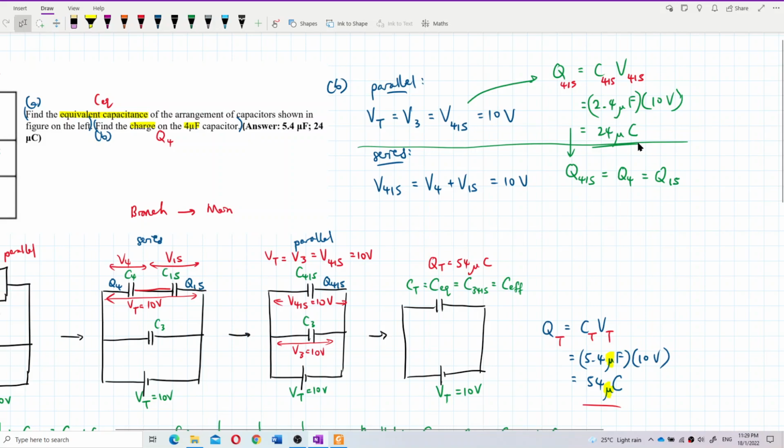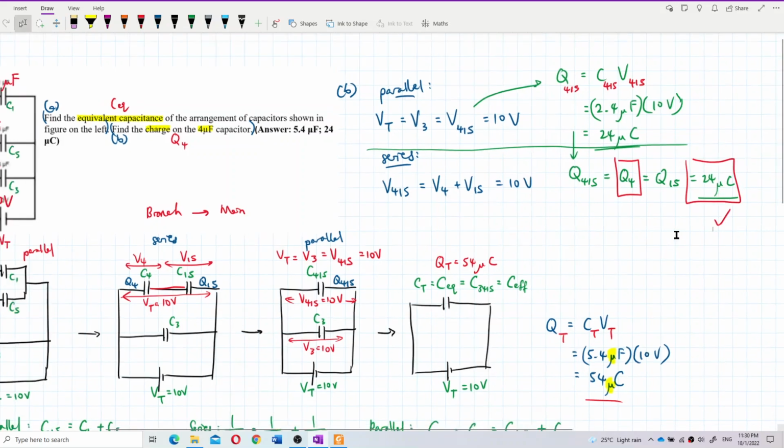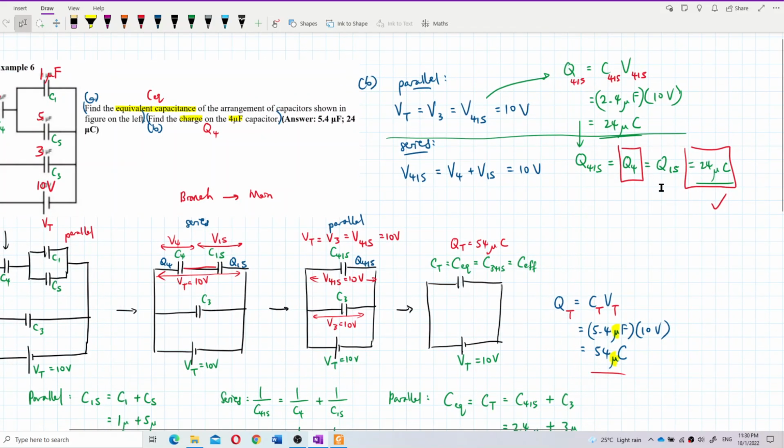Q4 is also equal to 24 microcoulomb. That's my answer for Q4. See that? I got my answer already, unexpectedly easily. Q4 is actually Q415, which is 24 microcoulomb.